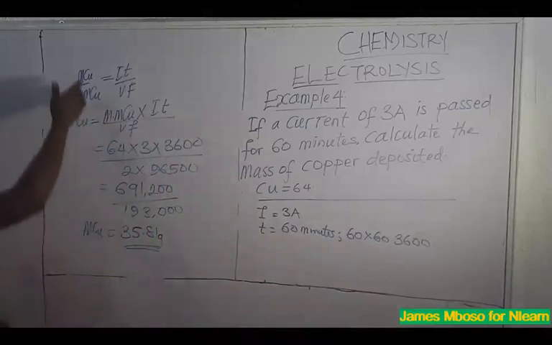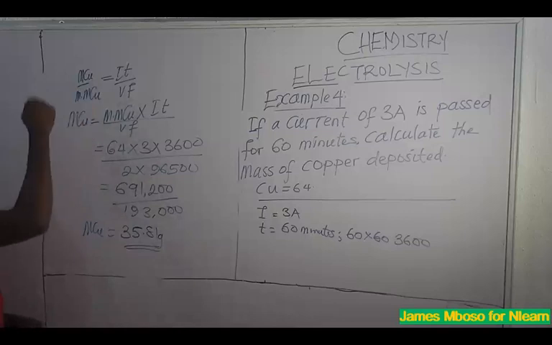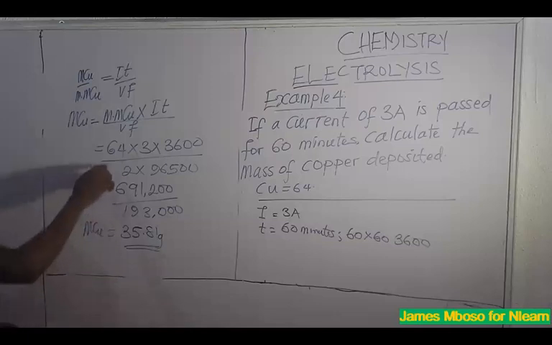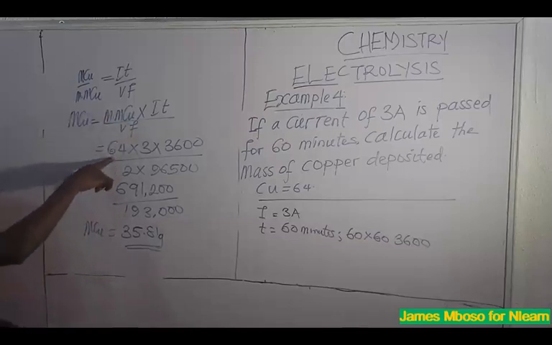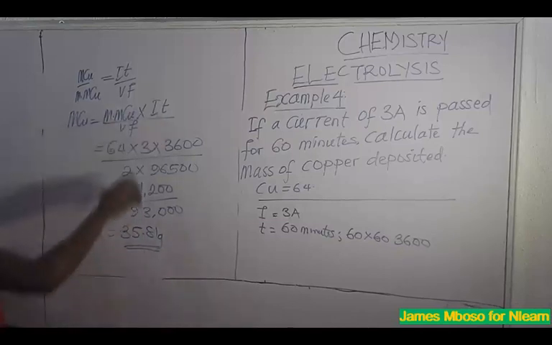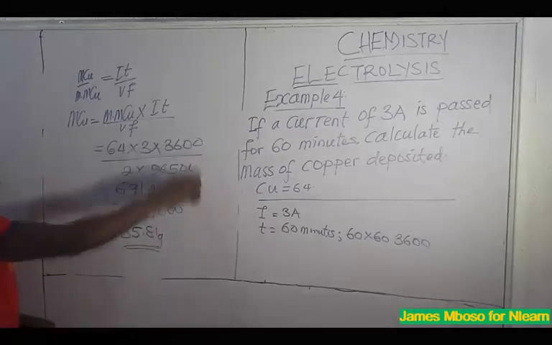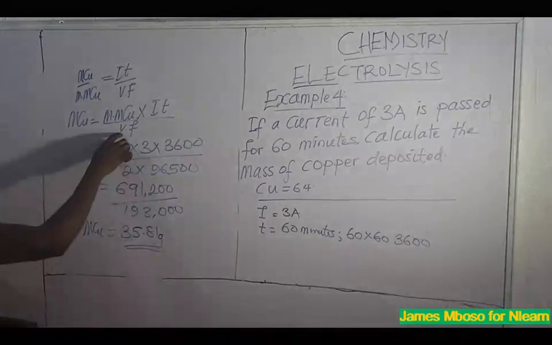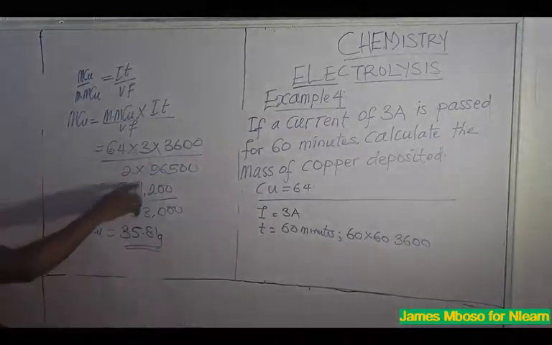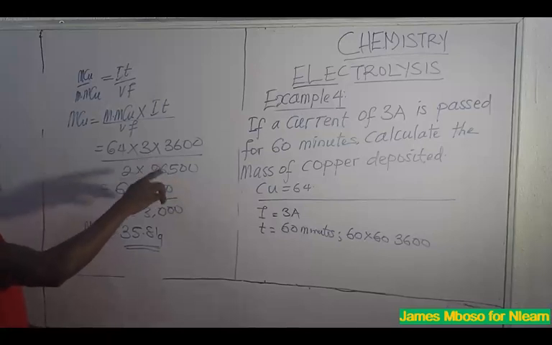So we have mass, we are using the formula that connects both the mass and the molar mass, as well as the time, the current, the Faraday constant, and valency. So the molar mass of copper is 64 at this point. The current in the question is 3, and the time is 3,600 seconds.